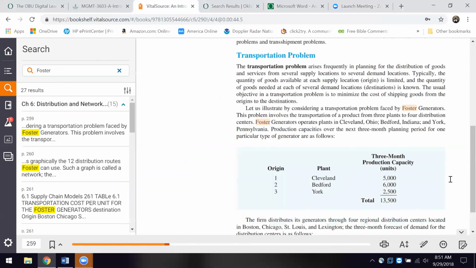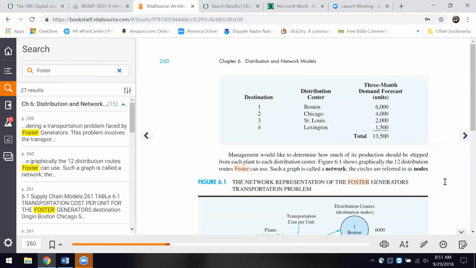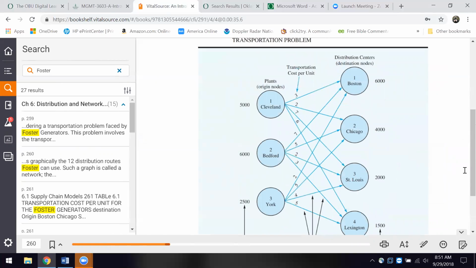As you remember, it has its origin points, plus each plant, and then the 3-month plant capacity. What we're trying to do is to minimize the cost of transportation. And then we also have 4 distribution centers, shown here in this network graph.